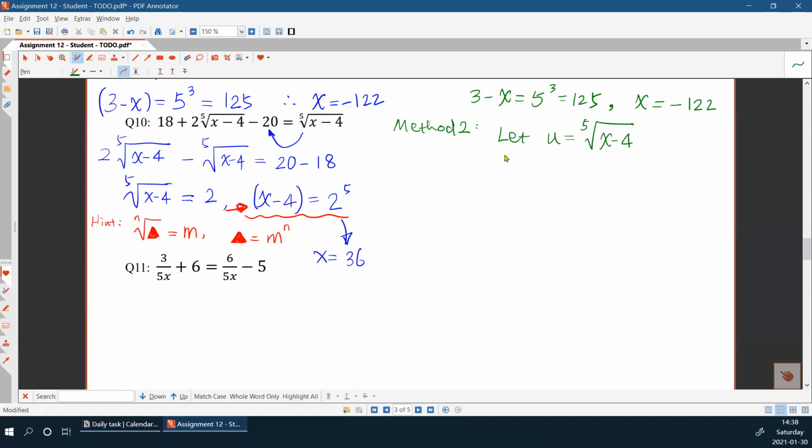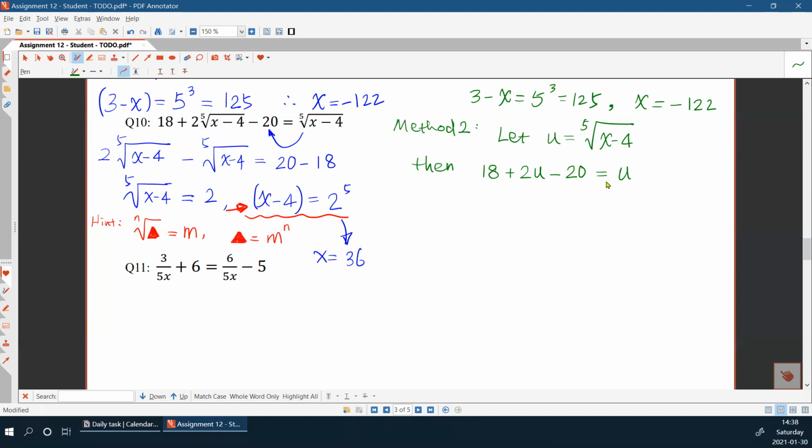It's workable for you, right? Then the original equation becomes 18 plus 2u, because u here is the fifth root of x minus 4, minus 20 equals u, because you substitute the fifth root with a u. So the right-hand side becomes a u.